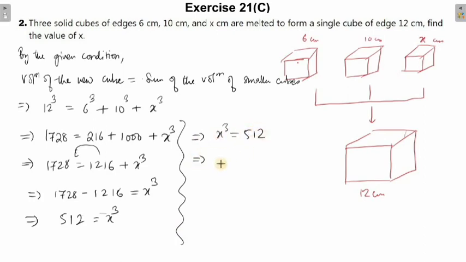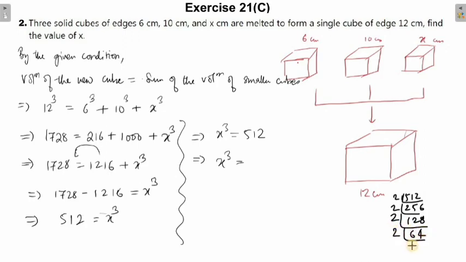Now let's factorize 512 and see how much we get. Let's start with 2. 2 twos are 4, 2 fives are 10, 2 sixes are 12, so we get 256. Again with 2, 2 ones are 2, 2 twos are 4, 2 eights are 16, so we get 128. Again with 2, you have 64.